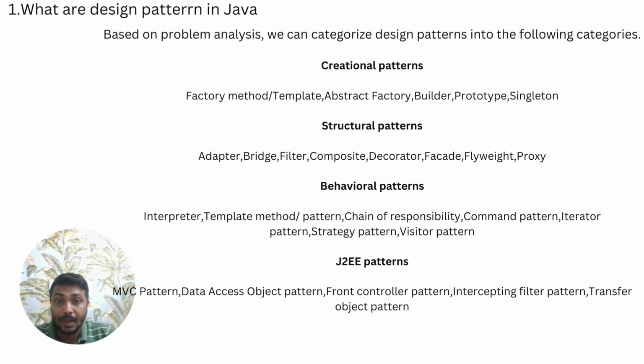You can say factory pattern and singleton pattern. The structural pattern means like adapter, proxy, bridge, filter. These are structural patterns. Then behavioral patterns are the ones having some behavior, like iterator pattern and strategy pattern.